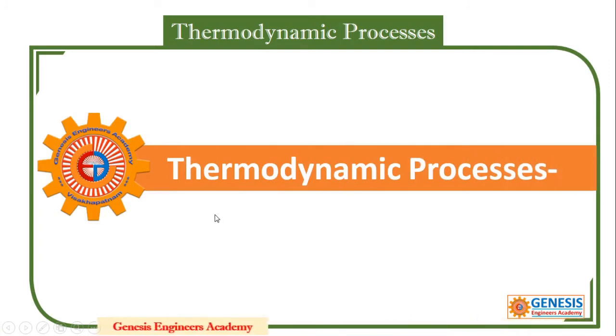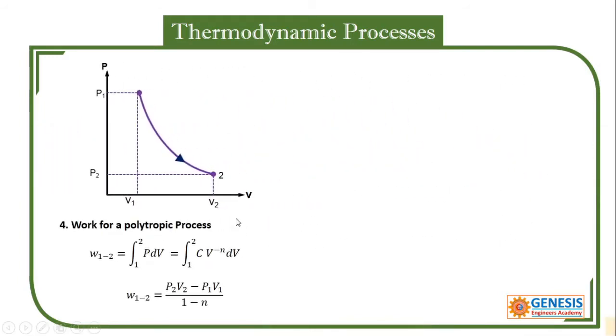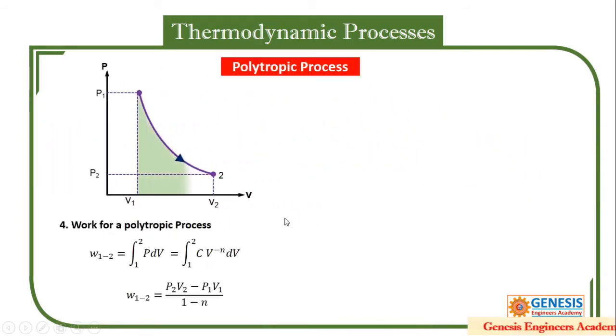So we have discussed till now isobaric, isochoric, isothermal process, and we will continue to discuss on other processes called polytropic process. So this polytropic process is represented by the equation P v to the power of n is equal to constant.